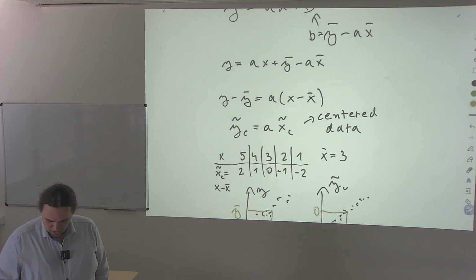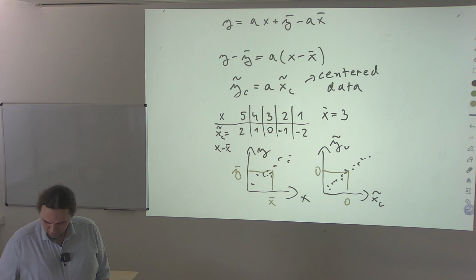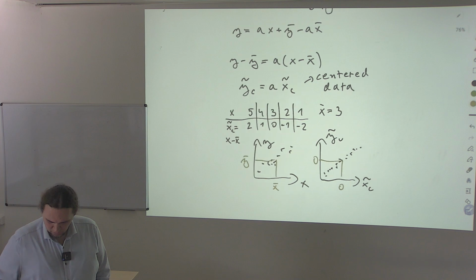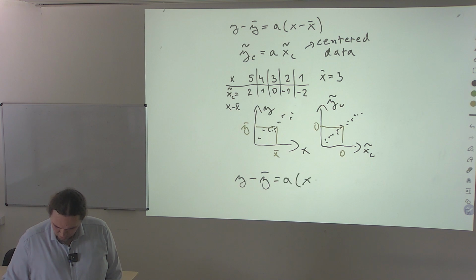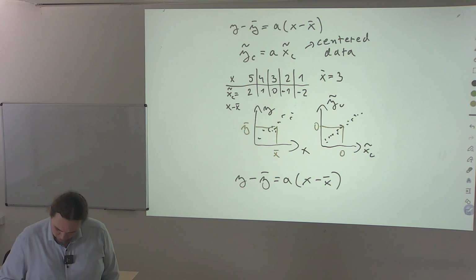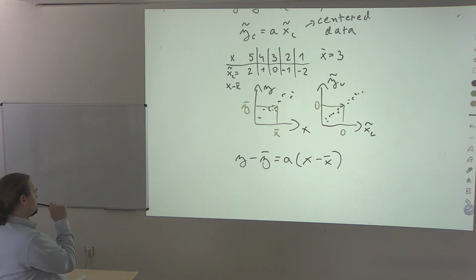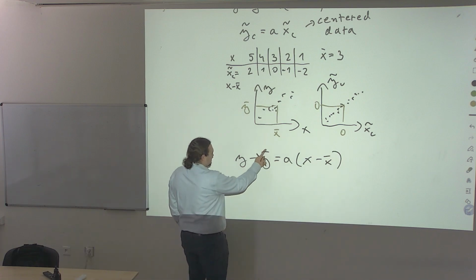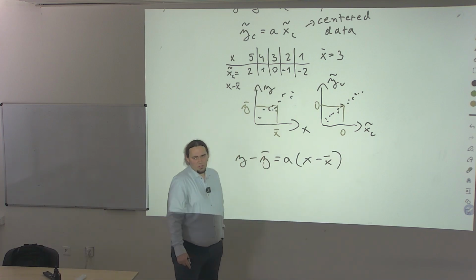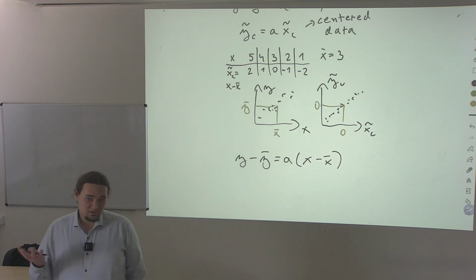What can also help us is to do another small transformation. Let's take our centered data, x minus x bar, and let's now not only use the means of these variables, but also calculate the standard deviations.